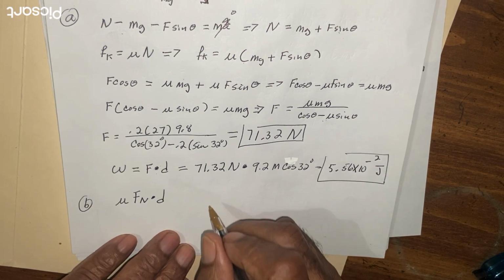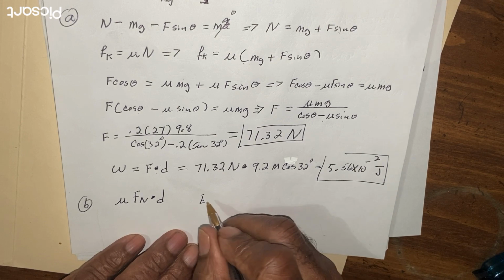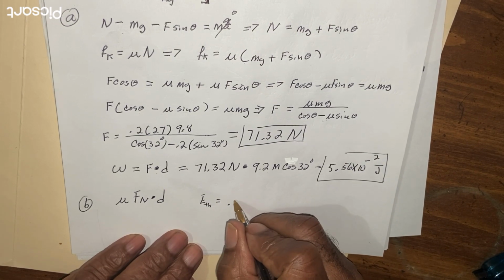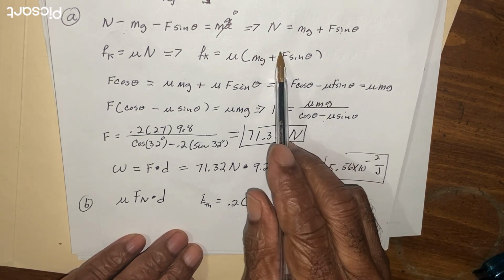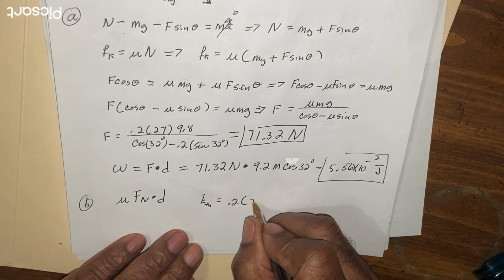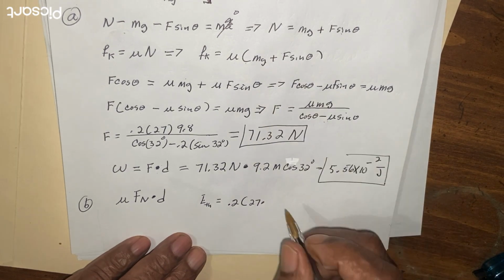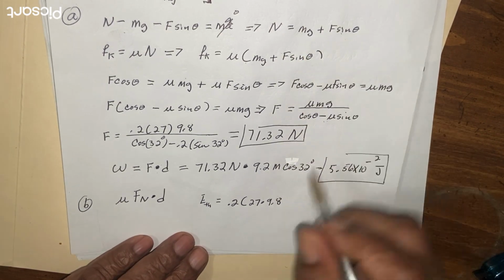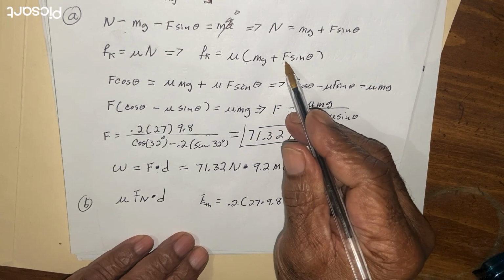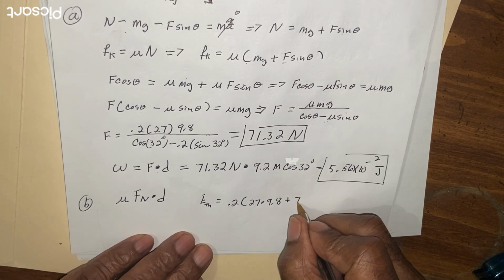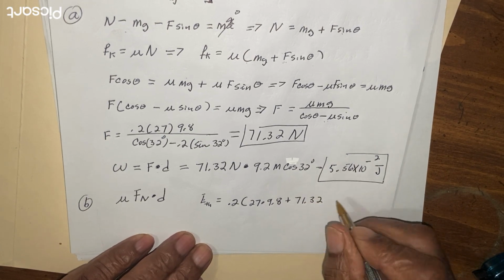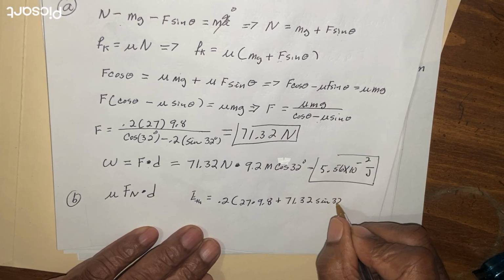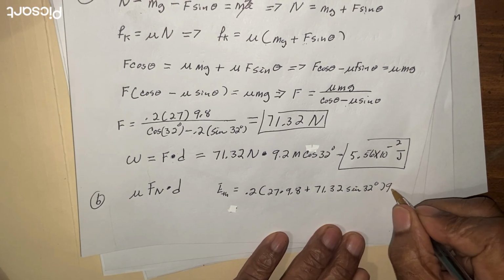So E thermal is going to equal 0.2 times, well, we got F_N here, which is, m is 27, times 9.8 meters per second squared, plus the force that we figured out, which is 71.32, times sine 32 degrees, times 9.2 meters.